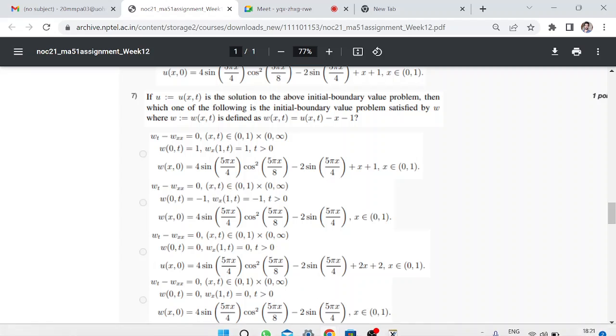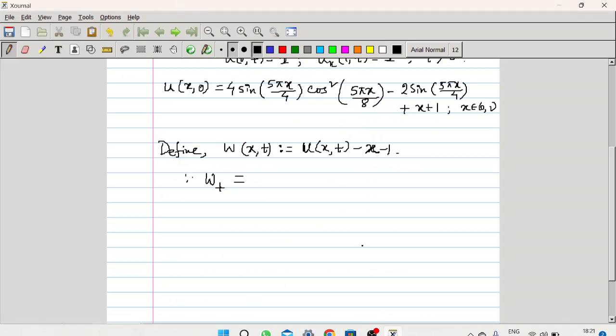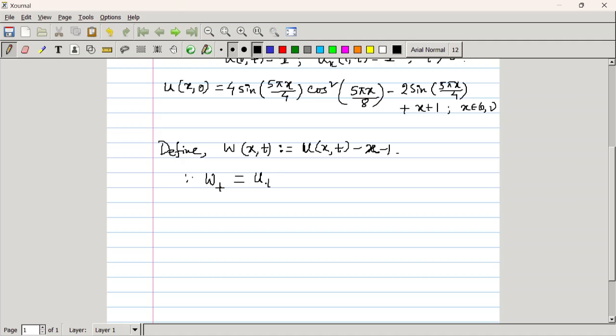So actually, wt is just the derivative with respect to t. That means derivative of u with respect to t minus derivative of x with respect to t and derivative of 1. The derivative of u with respect to t is ut, but the derivative of x with respect to t is 0, and the derivative of 1 with respect to t is also 0. So wt is the same as ut.